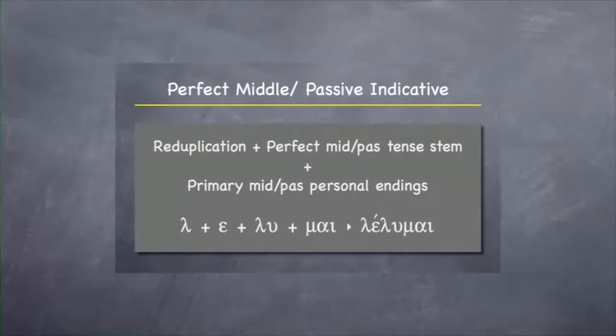So just the perfect middle passive indicative, and you end up with a form like lelumai. Now, before you get frustrated, wondering where the vowel went, this is actually a real blessing in disguise, because this is the only place in the Greek verbal system where you have the personal endings put right up against the stem. Otherwise, there's always a connecting vowel or a tense formative in there.